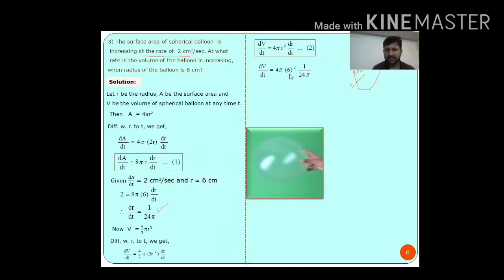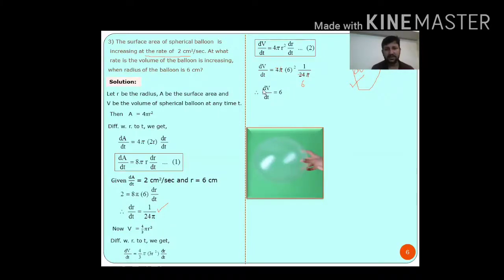Radius r as 6 and dr by dt as 1 by 24 pi. Simplify this expression. Check the calculation. Multiplicative pi and denominator pi cancel. 4 1 4, and 4 6 24. 1 and 6 will be cancelled. Remaining is dV by dt is equal to 6.